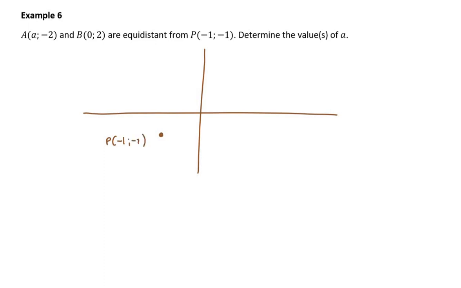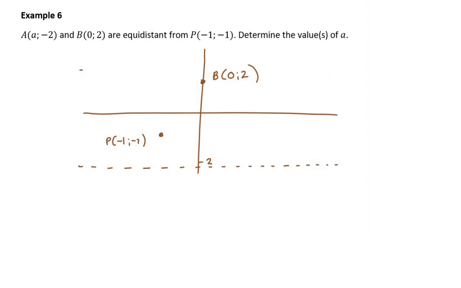Now, A negative 2 means that somewhere where Y is negative 2, there's a point A, and B02, which is there, is the point B, and it says A and B are equidistant.